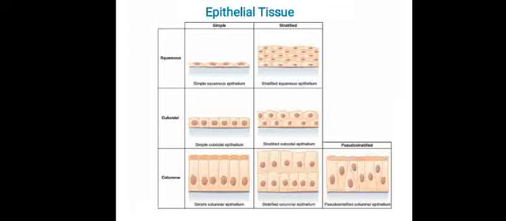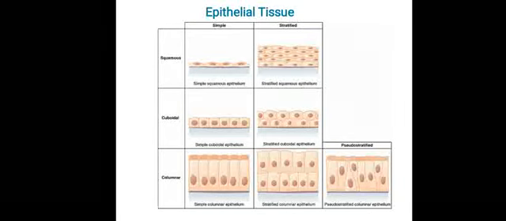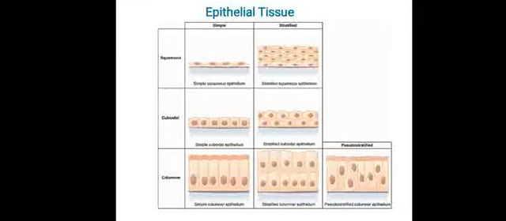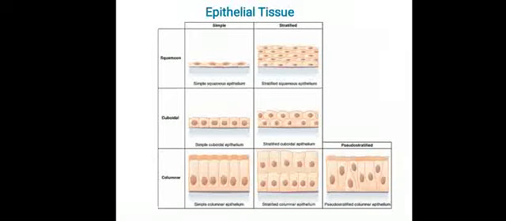Tissues can be defined as a group of cells coming together with similar structures and similar functions, meaning that the cells that have similar structures or similar functions are the ones combining together to give us what is known as a tissue.